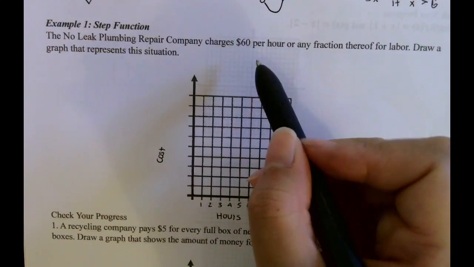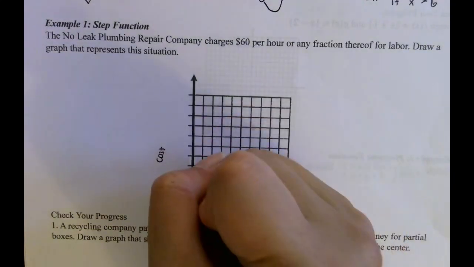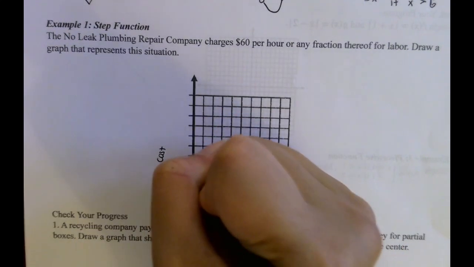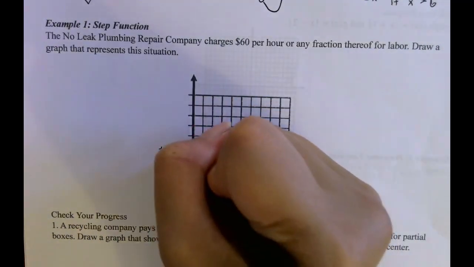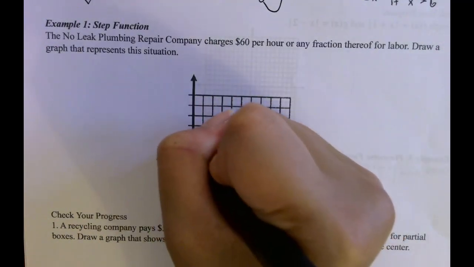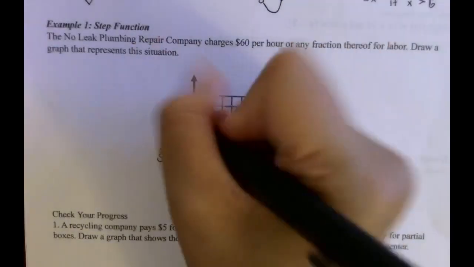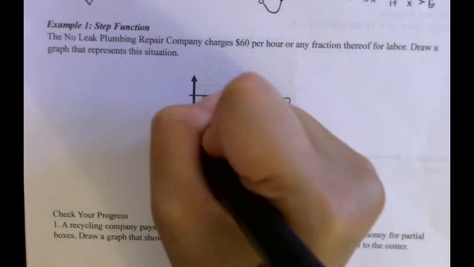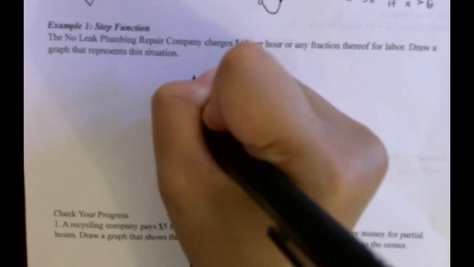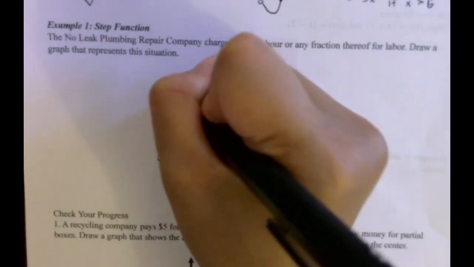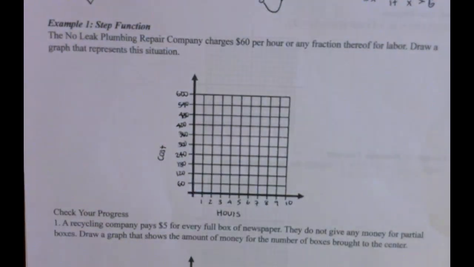And since it's in $60 increments for the cost, I'm going to do 60, 120, 180, 240, 300. This is 360, 420, 480, 540, and 600. Okay, so for the first hour, it charges $60 per hour.